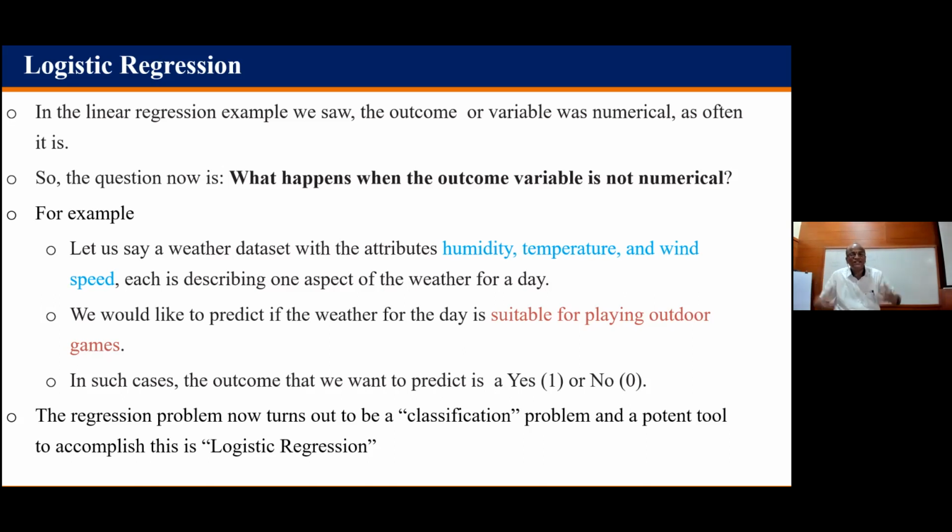What is the experience? The experience that these outcomes, playing or not playing, are directly correlated with humidity, temperature, and wind speed. Don't worry about equations. Don't worry about law of conservation of mass, momentum, energy, gravity. I've given you a huge data set. Hey machine, please learn it and tell me tomorrow, if this is the humidity, temperature, and wind speed, will that guy or girl play the sport or not play the sport? This is machine learning. Is that okay?